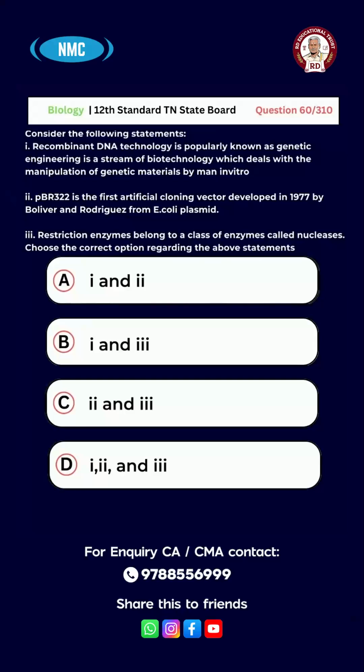Restriction enzymes belong to a class of enzymes called nucleases. Choose the correct option regarding the above statements. A. 1 and 2. B. 1 and 3. C. 2 and 3. D. 1, 2 and 3. Answer is option D, 1, 2 and 3.